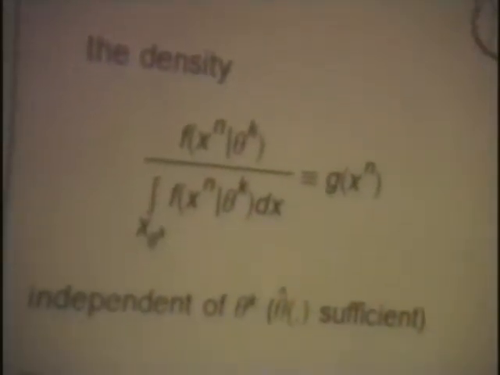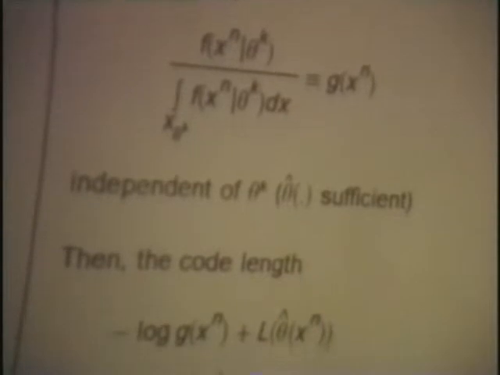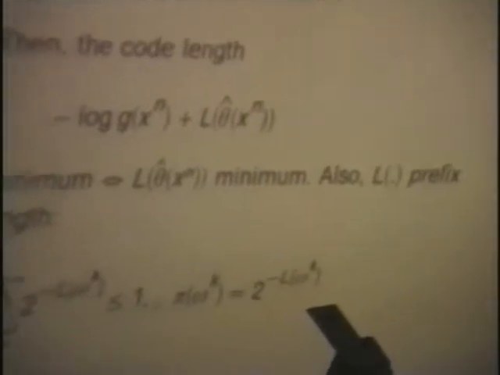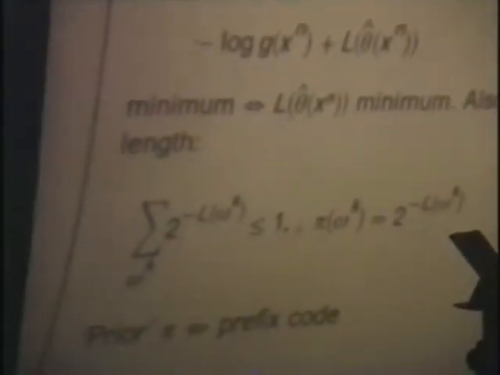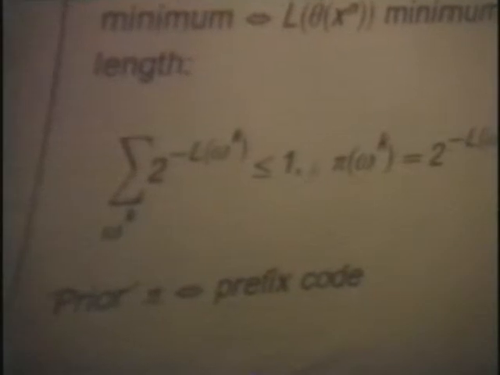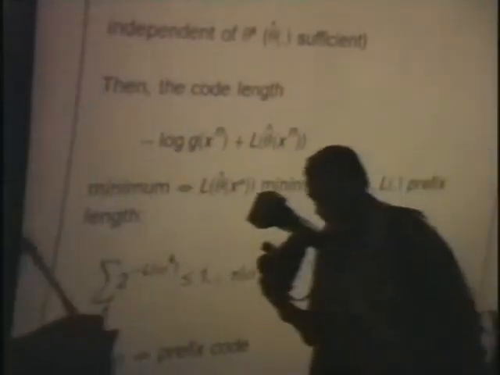And then, of course, the total code length for the data and the sufficient statistics themselves would be minimum if you can encode those estimated parameter values with the shortest code length, because there's nothing you can do about the first part. It has nothing to do with your parameters.